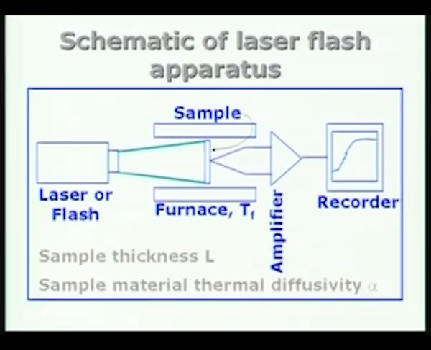So if I know the specific heat and the density of the material, having measured the thermal diffusivity here, I have to multiply it by the product of density and specific heat to get the thermal conductivity.